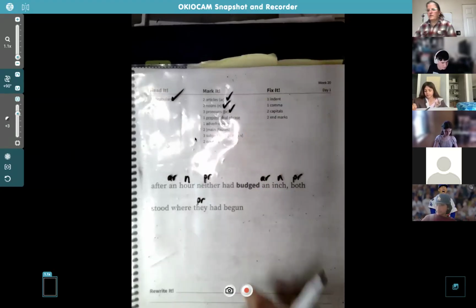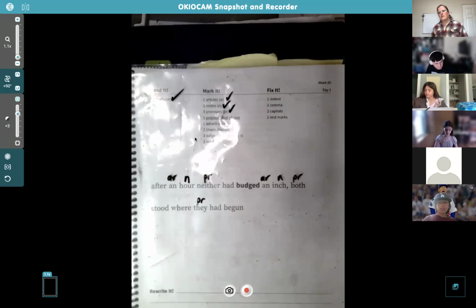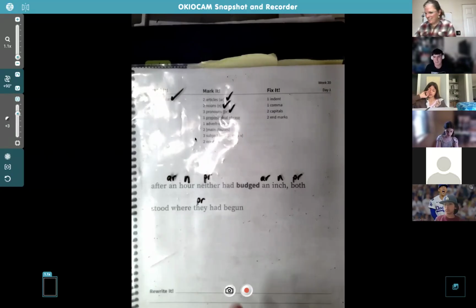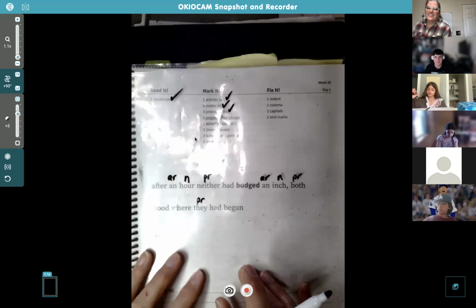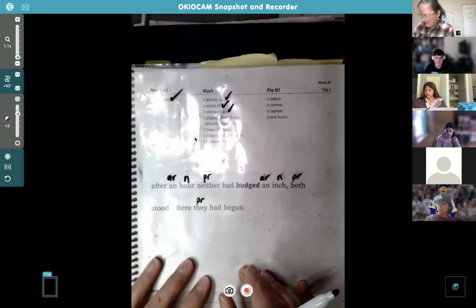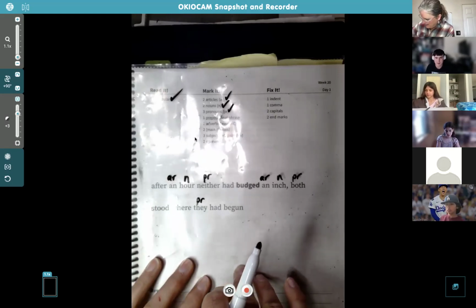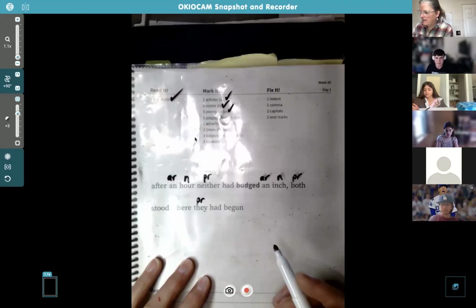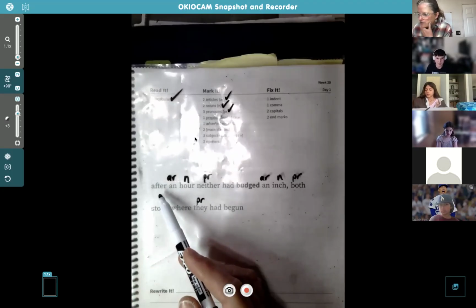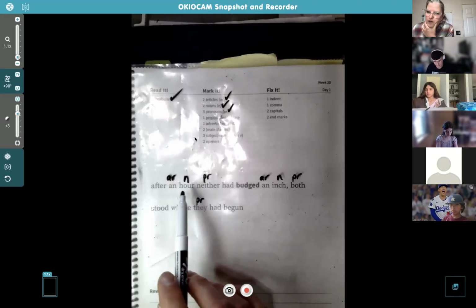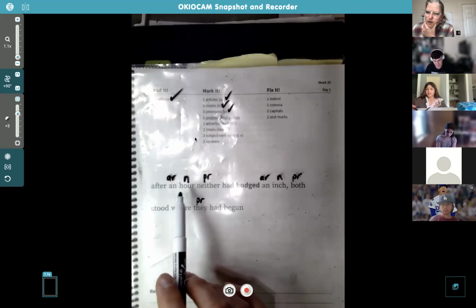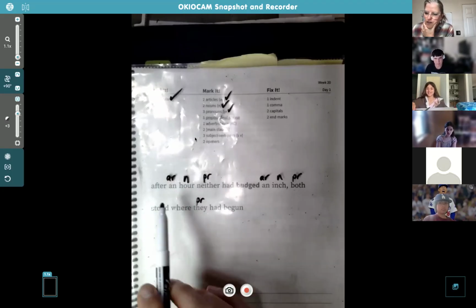We're going to come back to the prepositional phrase. What about the adverb clause, Ryan? Where do you see that one? It might be a new one now, the tab. The adverb clause. Normally you would think it's after an hour, neither had budged, but after an hour is actually a prepositional phrase.